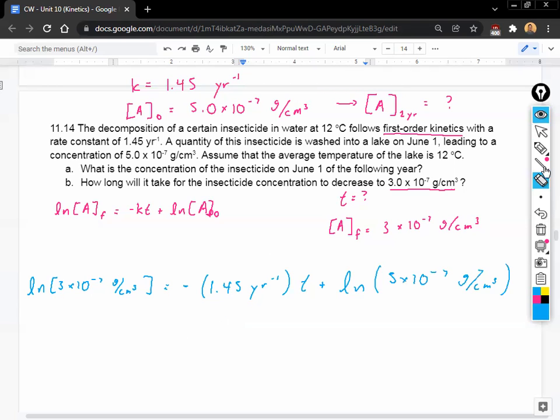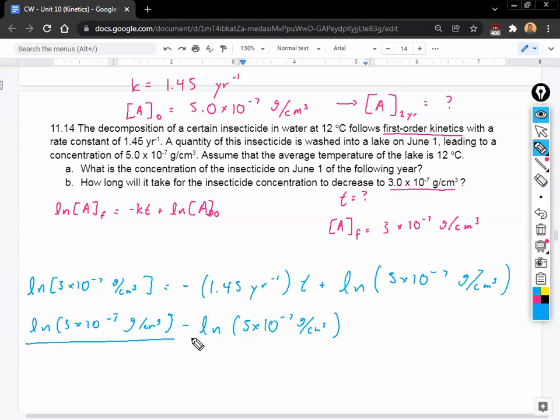So if I rearrange the equation, I should get the natural log of 3 times 10 to the negative 7 grams per centimeter cubed minus the natural log of 5 times 10 to the negative 7 grams per centimeter cubed, all divided by negative 1.45 per year, and that's going to equal time. For my value, you can correct me if I'm wrong, I end up with 0.352 years.